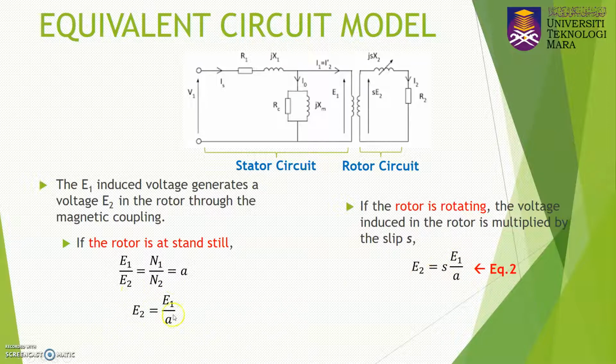If the rotor is at standstill, E2 is equal to E1 divided by a, but if the rotor is rotating, you multiply this equation by the slip, where the slip is equal to Ns minus Nr divided by Ns. That is, the synchronous speed minus the rotor speed, divided by the synchronous speed.